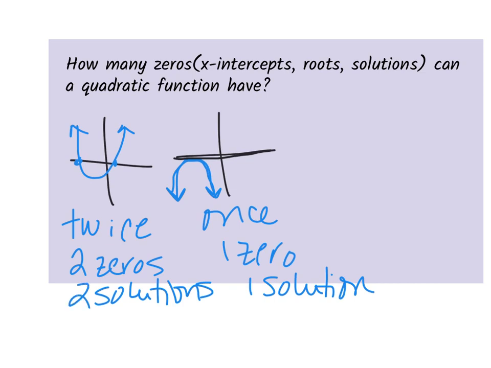And then there is one other thing that can happen. I could have a quadratic function that doesn't cross at all. It's up here somewhere, or it's down here somewhere.